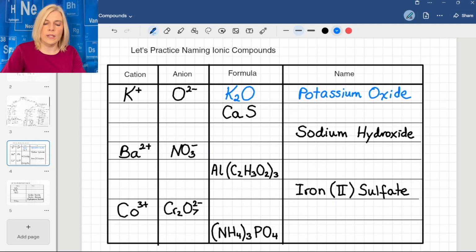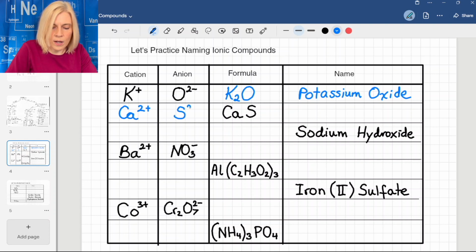Okay, let's go to the next example. Let's look what we have. We have calcium and sulfur. You should look at your periodic table and realize, okay, my cation is calcium. It will be a 2+. It's my alkaline earth metal. And sulfur will be, it's right under oxygen, 2-. So the formula is 1 calcium per 1 sulfur.